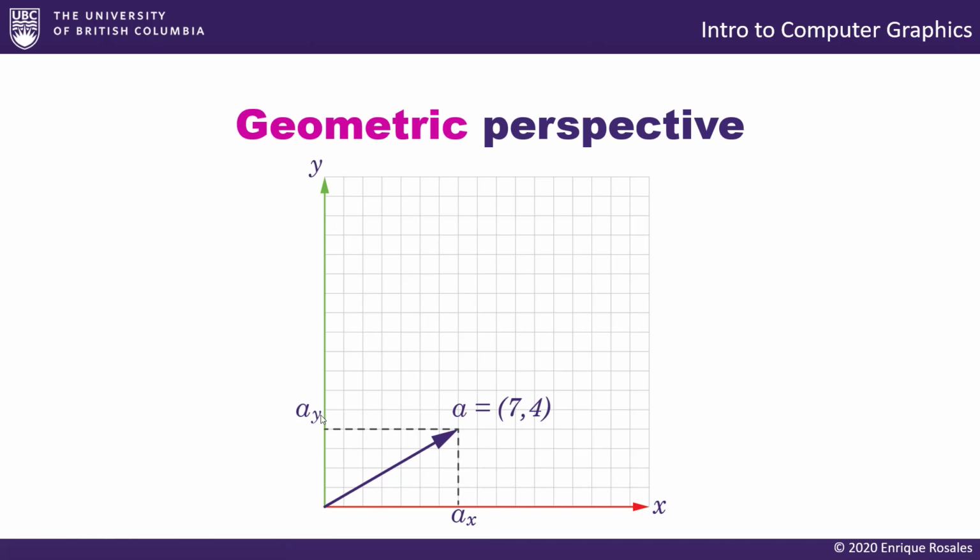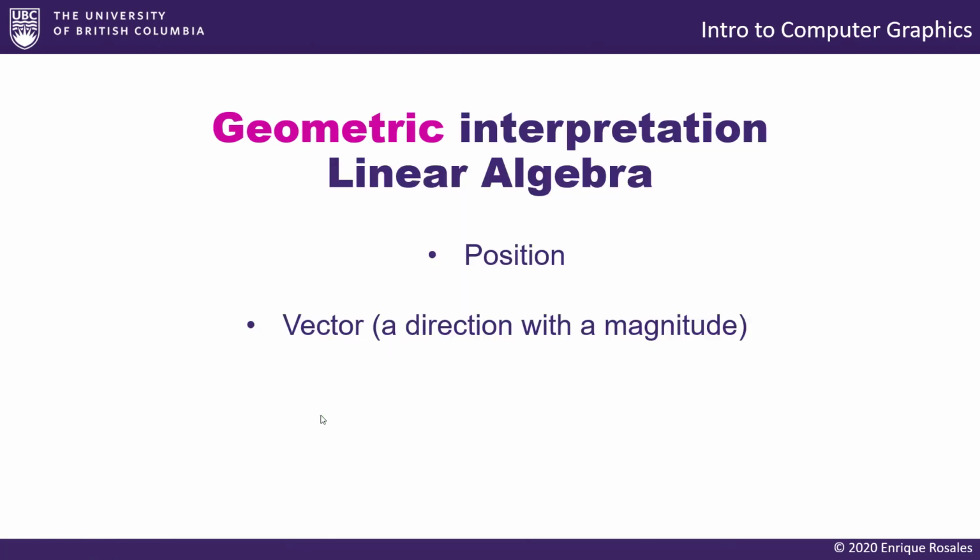Perfect. The thing is that the geometric perspective could have different interpretations, again depending on who is asking. The geometric interpretation in linear algebra says that this data can represent a position or a vector.